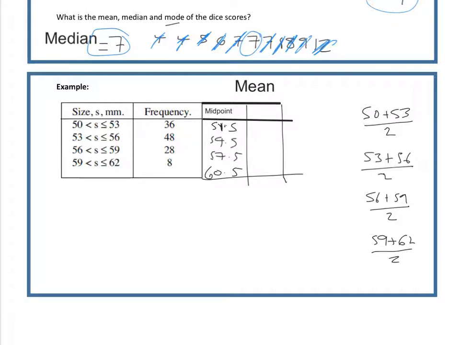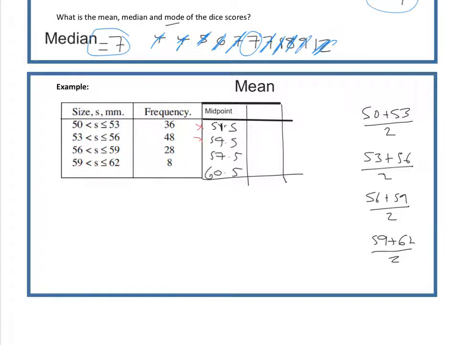But what we need to do now is, given that we don't know the size of each one, we know there are 36 leaves that were in this group. We're saying that all of them were approximately 51.5. So what we need to do is, if there are 36 of them, we need to multiply each frequency with the midpoint.